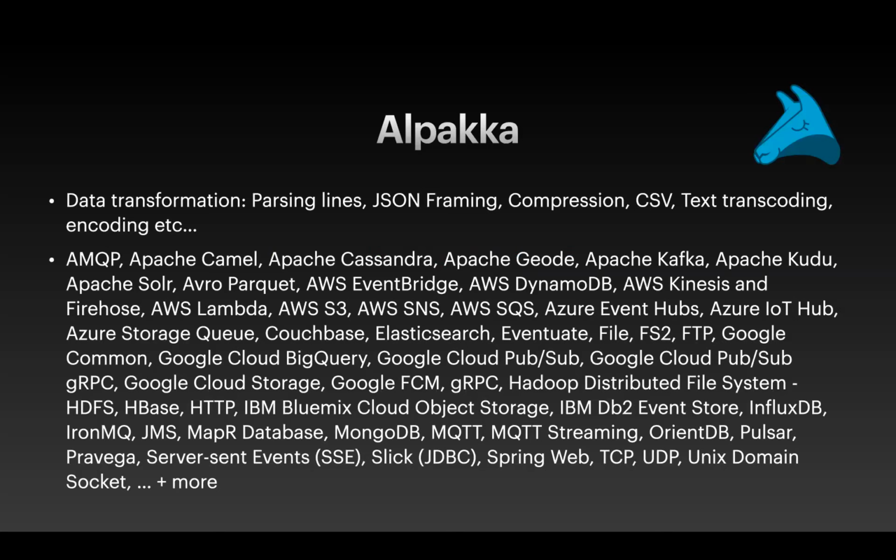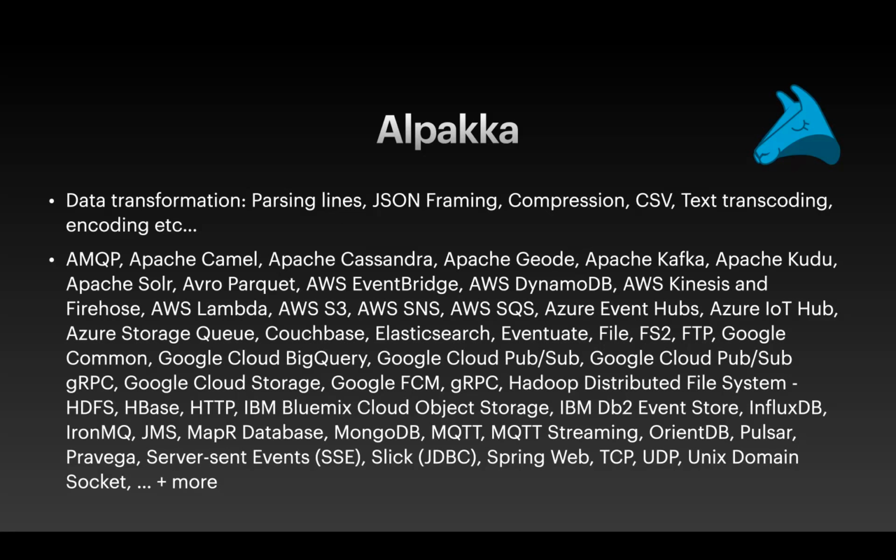Again, you should probably not spend too much time building these abstractions if you are working on any kind of integrations. For that, there is a project called Alpakka, which is essentially a collection of sources, flows, and sinks for dealing with external services.